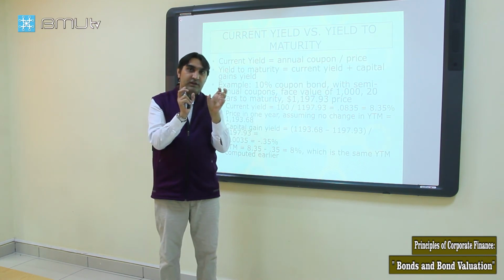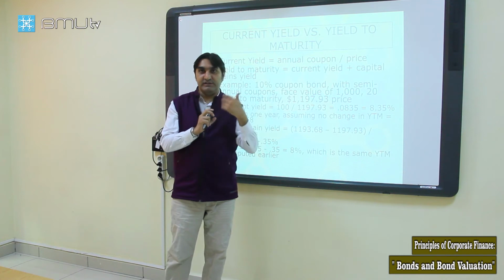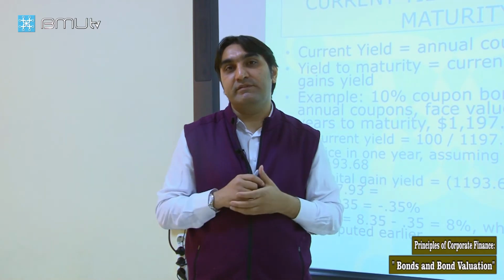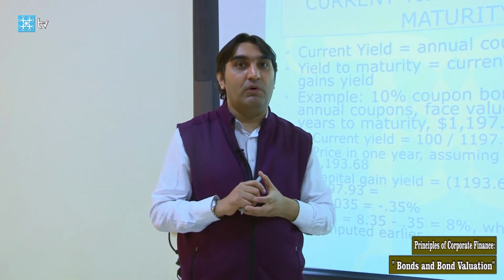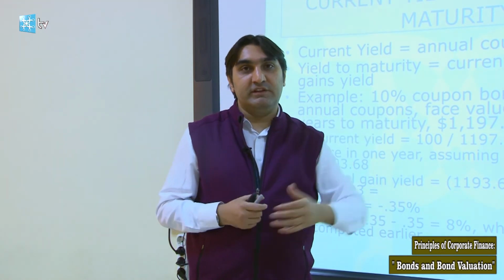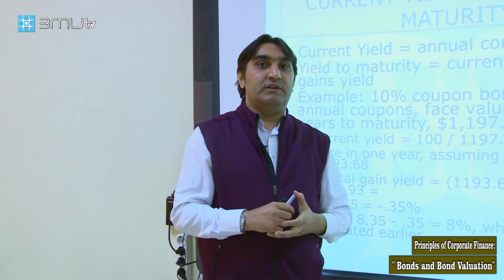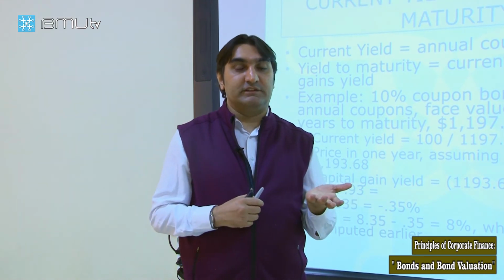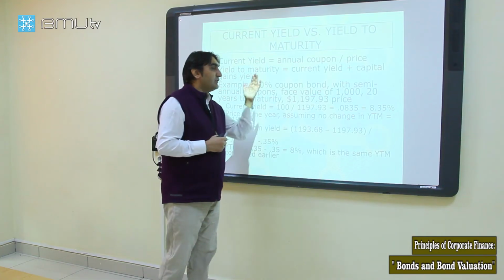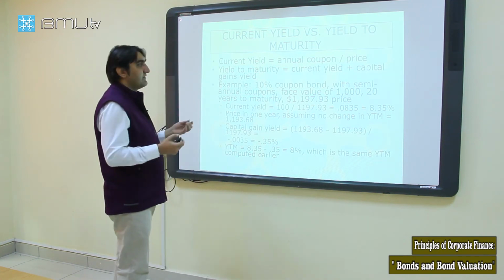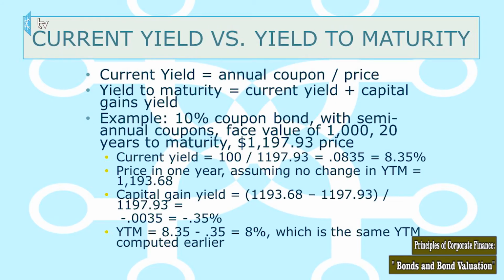But if an investor doesn't want to hold this bond until maturity, say they hold for 1 year, what they get is current yield. It's calculated as annual coupon divided by price. That's very easy. Yield to maturity is current yield plus capital gains yield, because we also have yield from face value, that's capital gains yield.